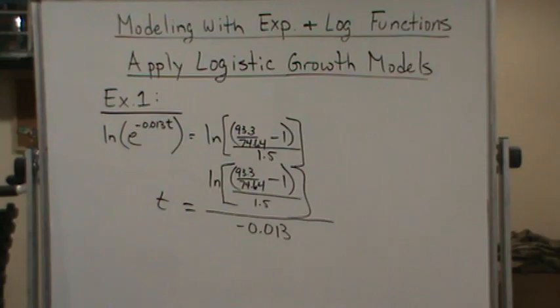So I'm going to take the natural log of 93.3 divided by 74.64 minus 1, right?